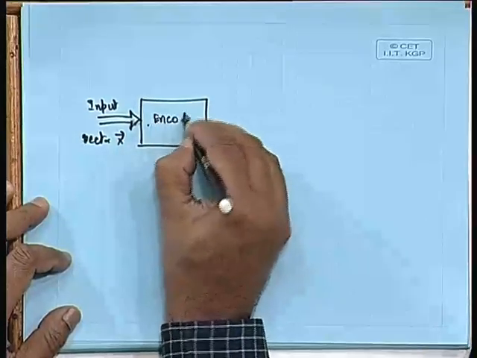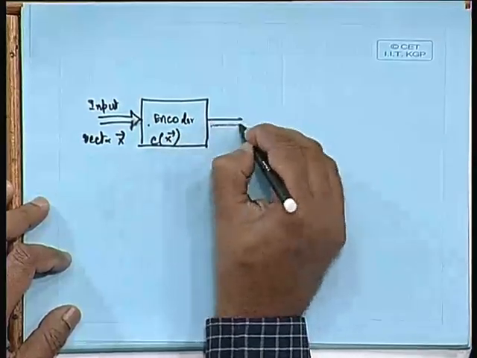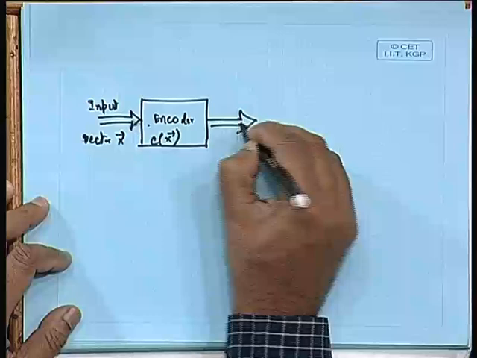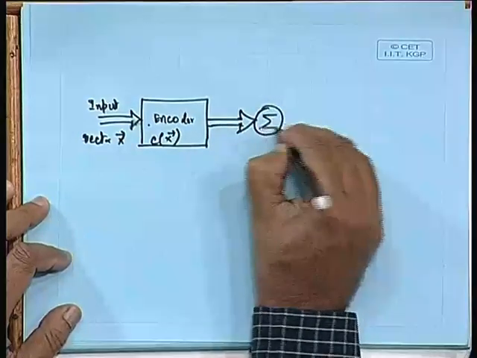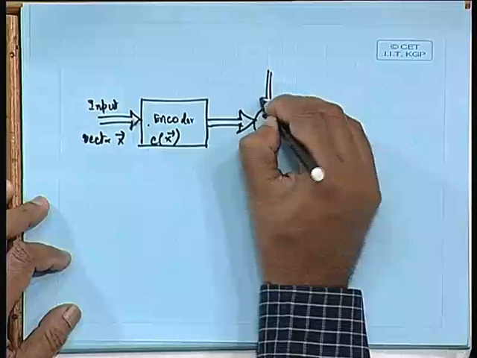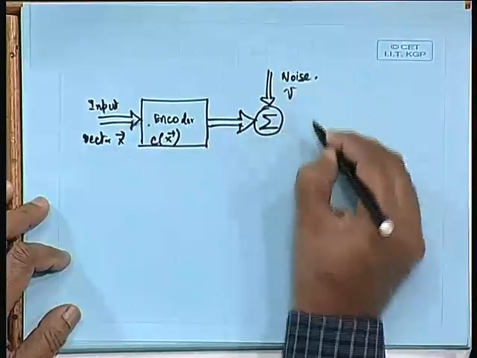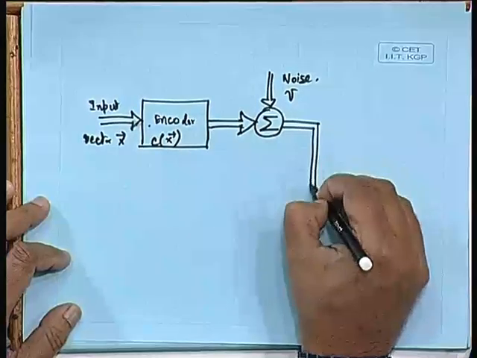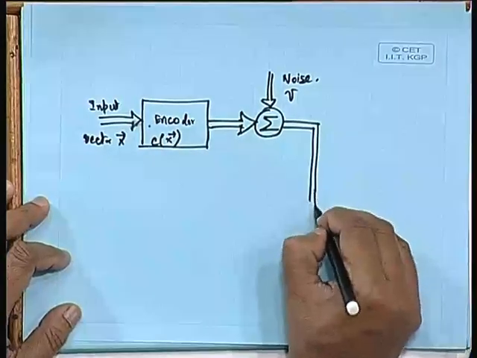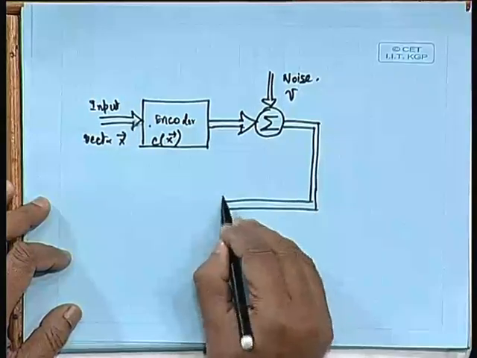So, this is the encoder C of x, and then we have the code coming out of this, and then we have an additive noise. Supposing this noise is nu, this noise term added together will come to the decoder.